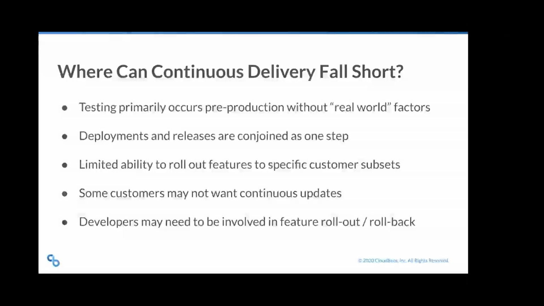Also, some segments of your customer base may not want to receive continuous updates to their system, perhaps because of audit and compliance on their side, or maybe they just have a more legacy approach to their update process. And lastly, you need developers to be involved in rollback, which slows down the release and deployment cycles and also interrupts and distracts from new development work.